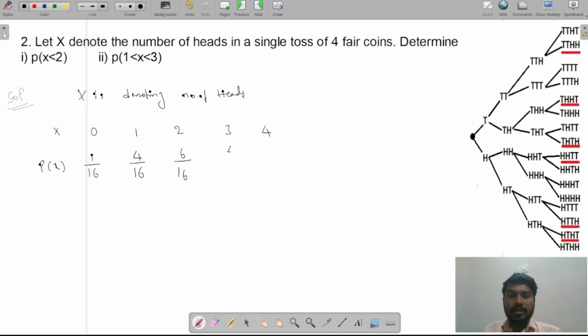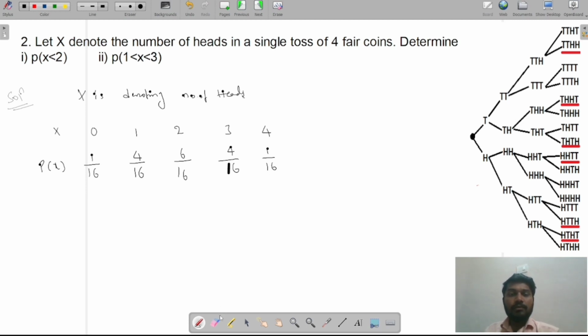So it is four out of 16 possible outcomes. And similarly, how many times am I getting four heads? Only once, right? So this is the possible outcome, getting four heads only once. So I can write the probability 1 by 16.